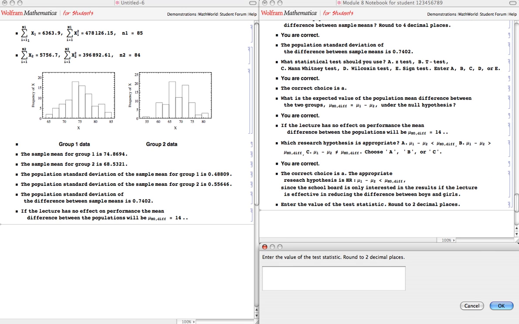Enter the value of the test statistic, rounded to 2 decimal places. So now you have to compute the z-score. If you remember the way this works, just take the difference between the sample means. So I'm going to compute the difference between 74.8694 and 68.5321.